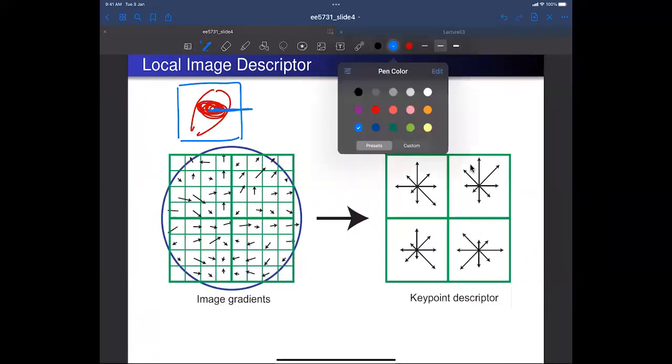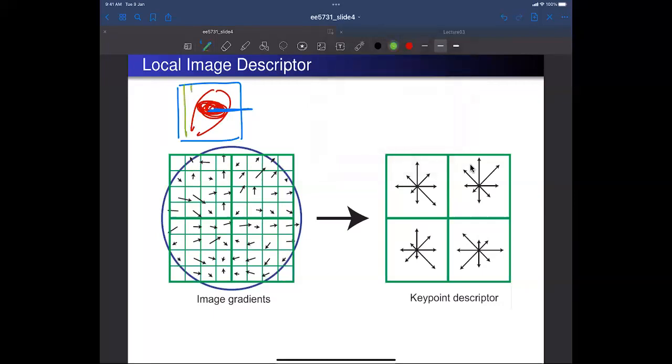Now, if we assume that this is a 32 by 32, for example, so assume that this patch is 32 by 32. Then the next operation is to take the middle one, I'm not sure the middle one is this, perhaps that one, is the location of your key point. For the last operation, you only need to have 16 by 16.